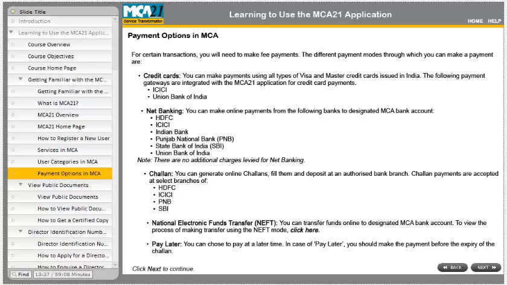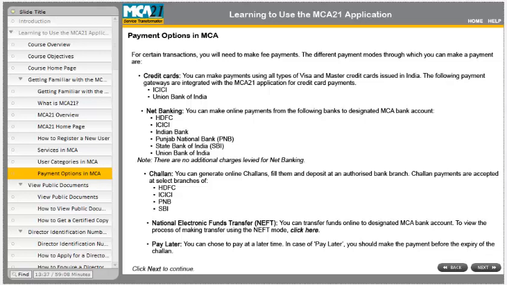Net banking. You can make online payments from the following banks to designated MCA bank account: HDFC, ICICI, Indian Bank, Punjab National Bank, PNB, State Bank of India, SBI, Union Bank of India.